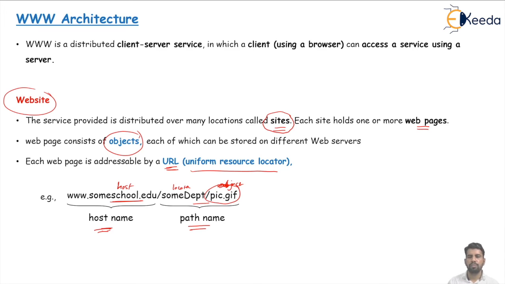That address contains the city name, colony name, street number and home number. The same way, if we want to access a document from the web, we need an address, and that address is called the URL, which is the combination of host plus path name. This way we are using the World Wide Web today.